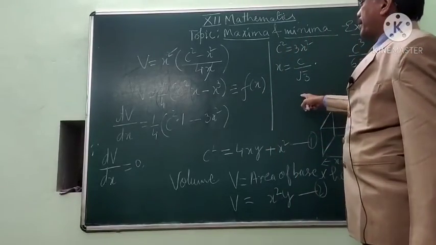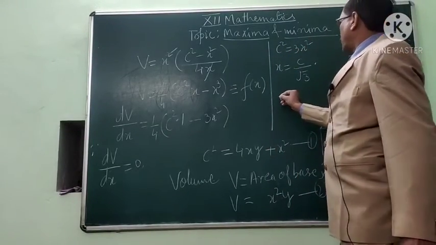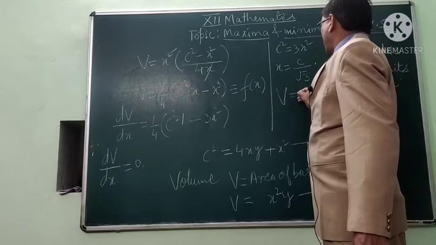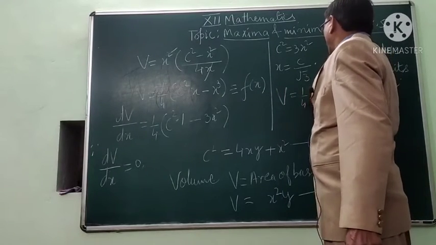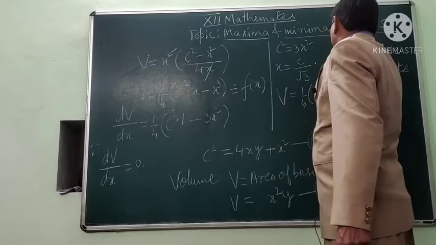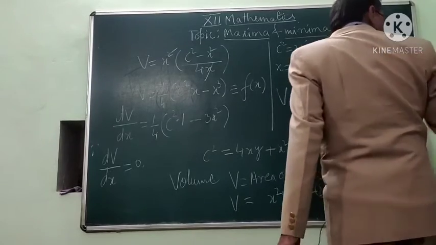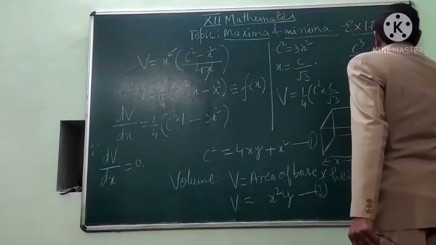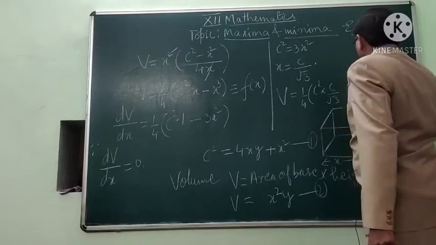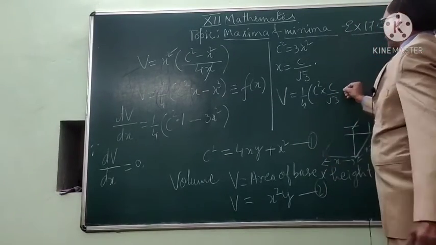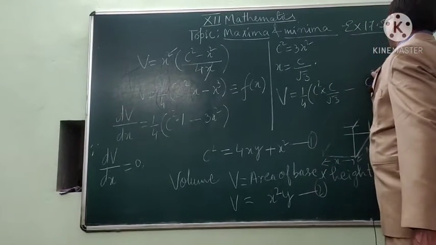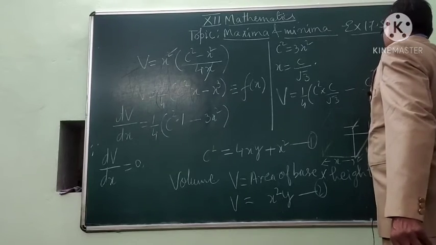Now we will find the maximum value. So V equals 1 upon 4 (c square into c upon root 3 minus c cube upon 3 root 3).